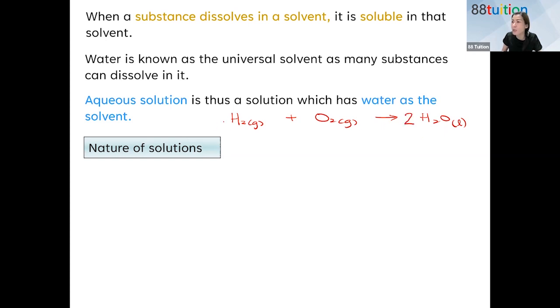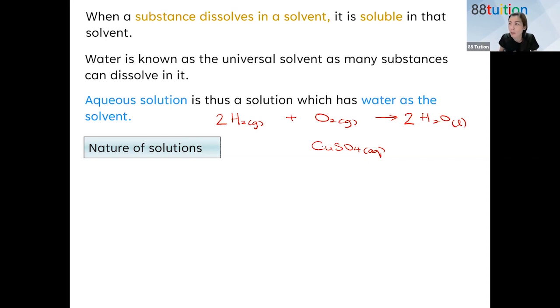Of course, you don't need to know this now, you only need to know in Sec 3. I just want to tell you the meaning of state symbols. For example, just now I had the copper sulfate solution, the state symbol will be aqueous, in brackets. So if you see something like this, now you understand what they mean. Yes or no?